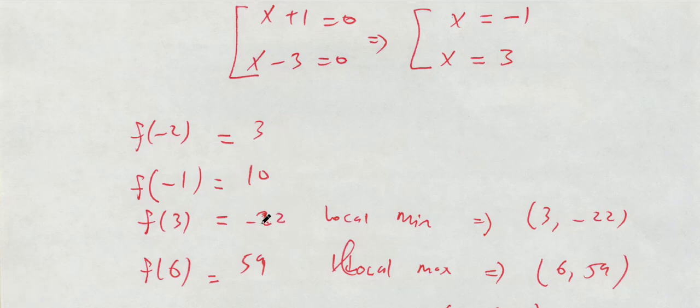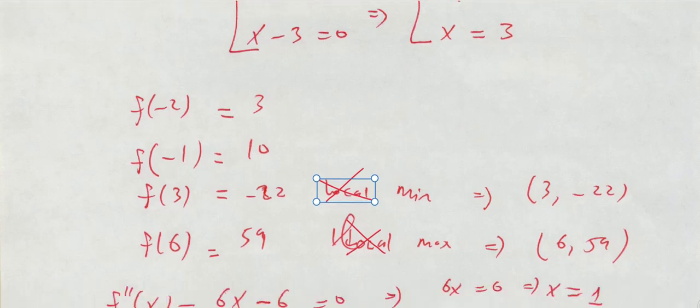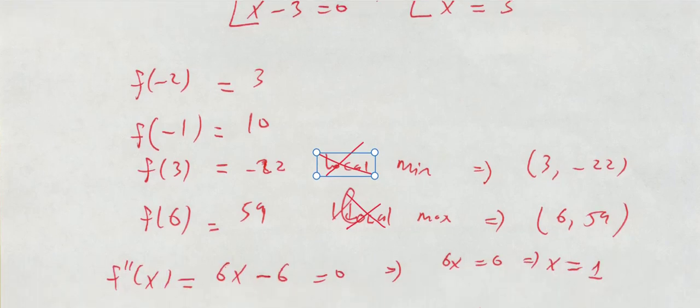The lowest value, -22, is the global min, and the highest value is the global max. This is not global and global min and max here. This should be a typo.